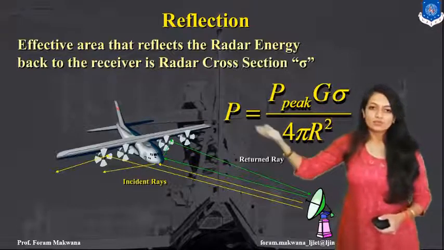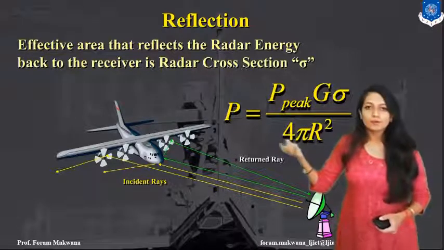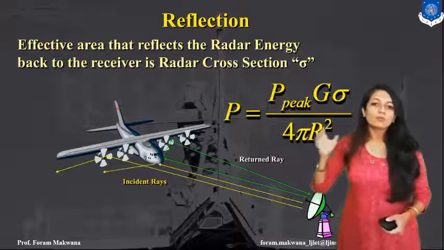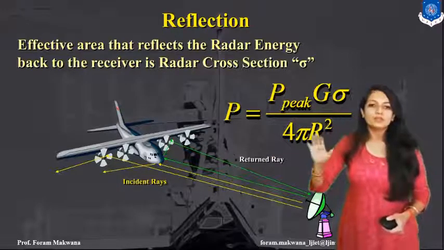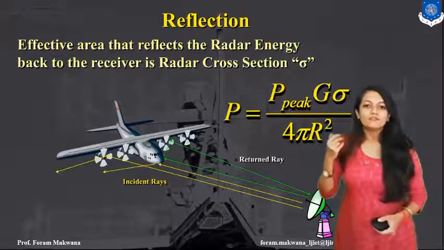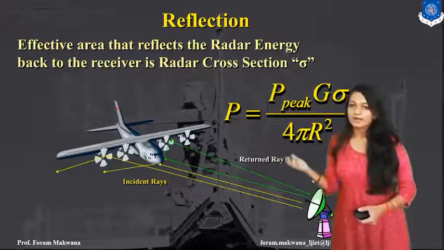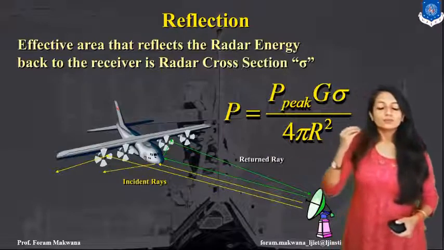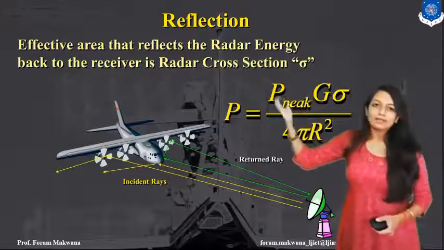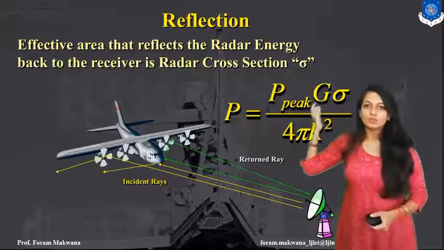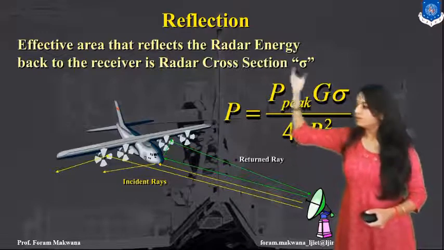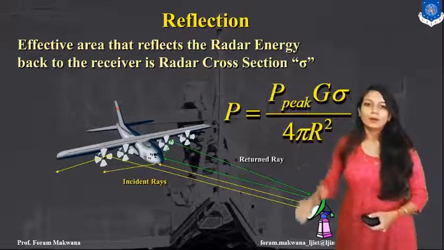Whatever we transmit, based on the shape of my target, only that amount of power is received. The remaining is reflected or scattered in space. So we need to multiply the radar cross section with the overall power.